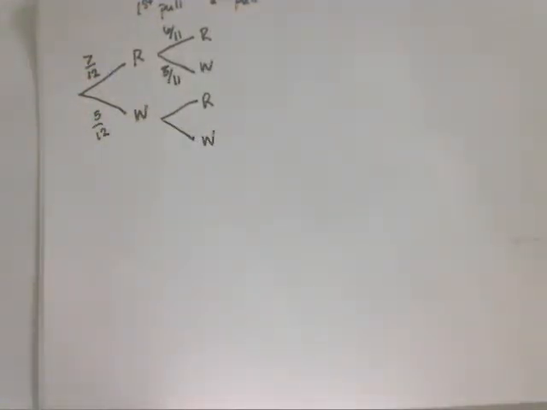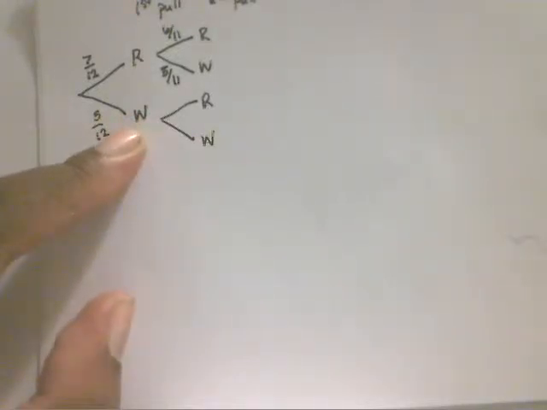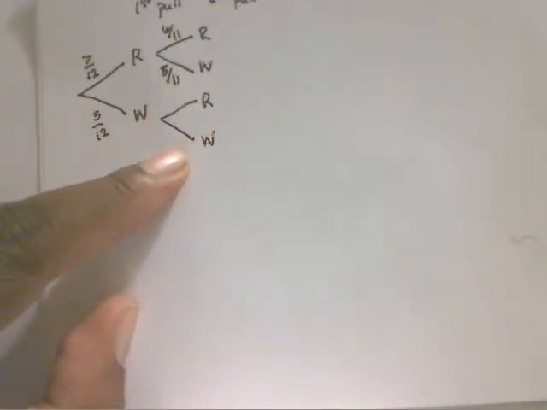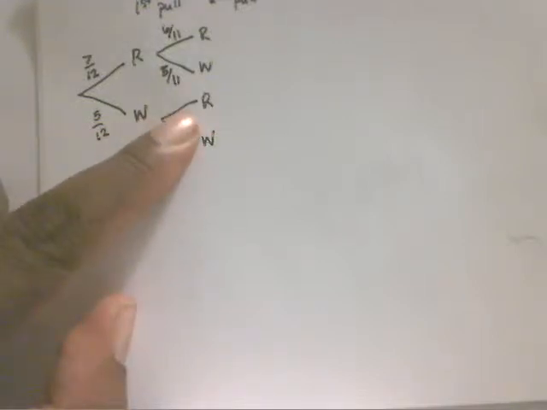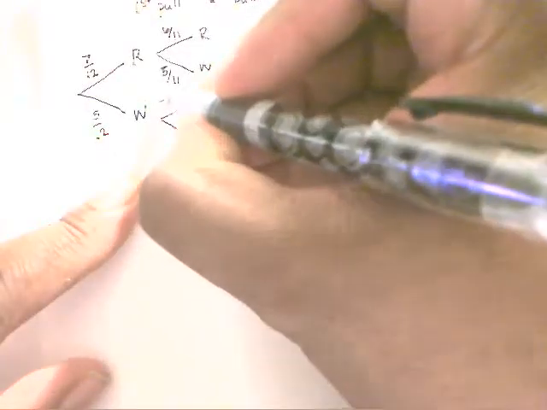And then second, if a white gumball is drawn first, you're now going to have 7 red balls and 4 white balls. So if the first gumball drawn was white, then the probability of the second gumball being red will be 7 out of 11.